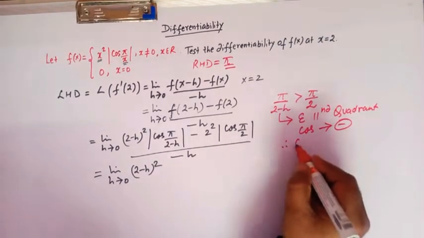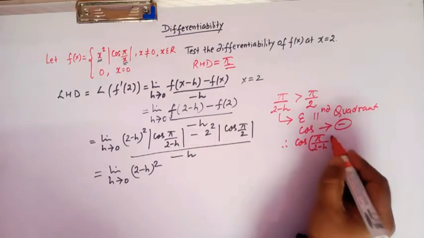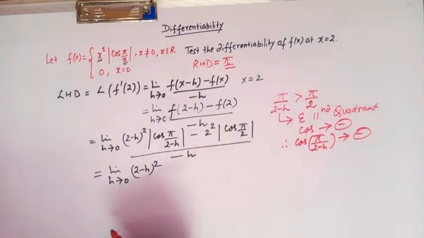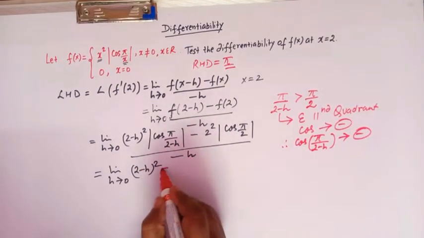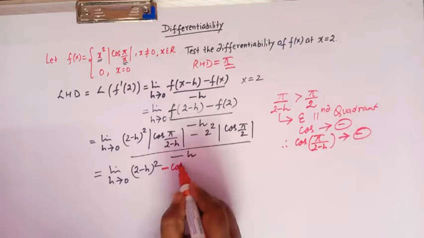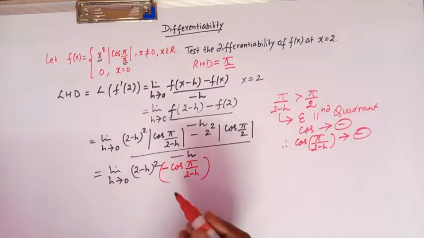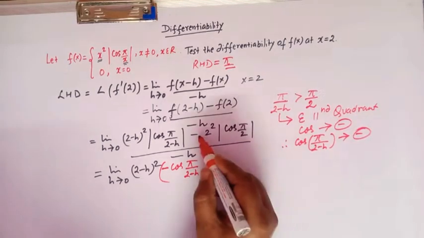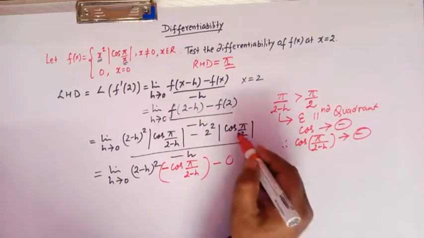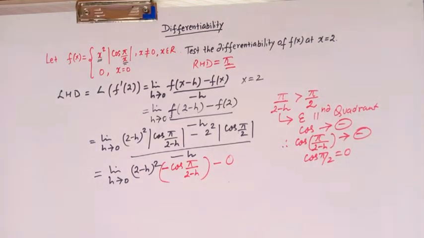So therefore the value of cos of (pi over 2 minus h) is negative, right? So when we remove this absolute value sign, we'll have a negative sign, and we have minus cos of (pi over 2 minus h), right, due to the definition of absolute value function, and this term becomes 0 because cos of pi over 2 is 0, right?